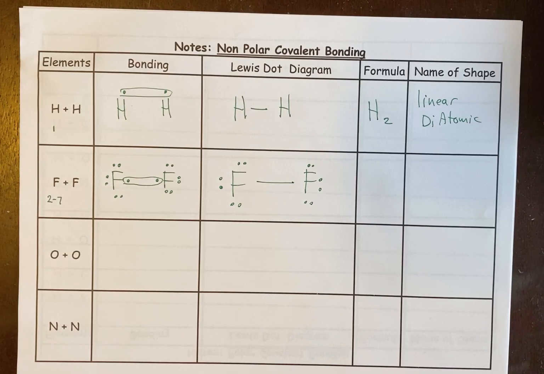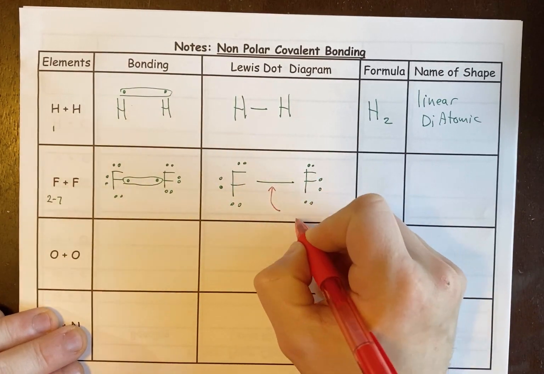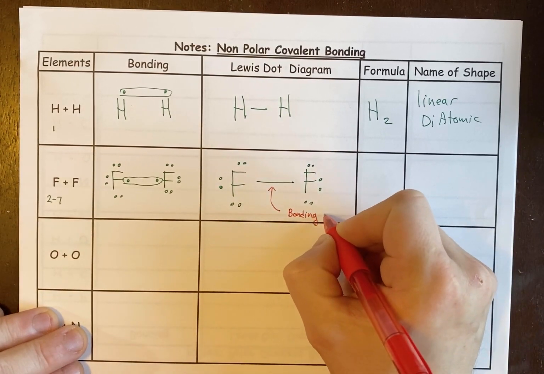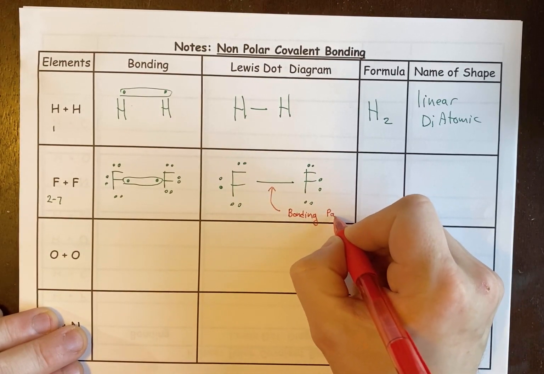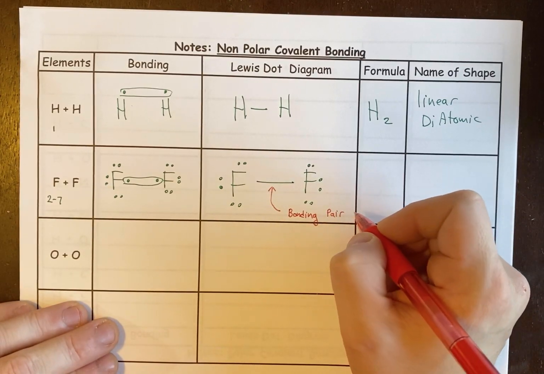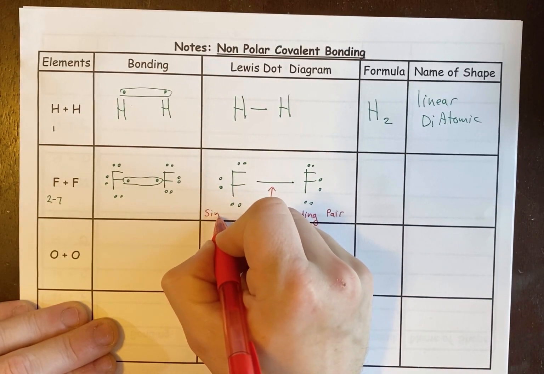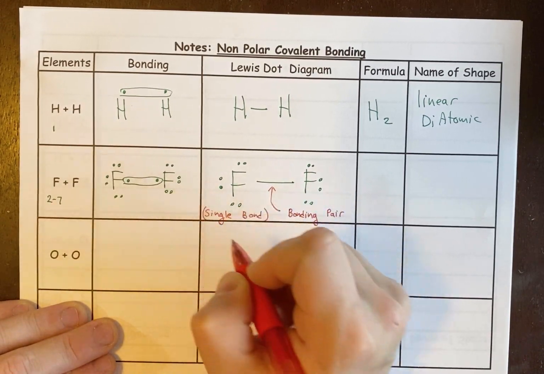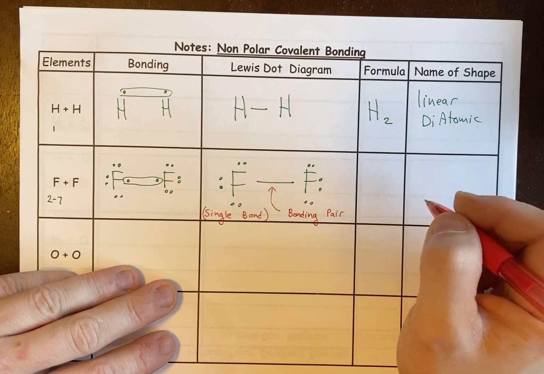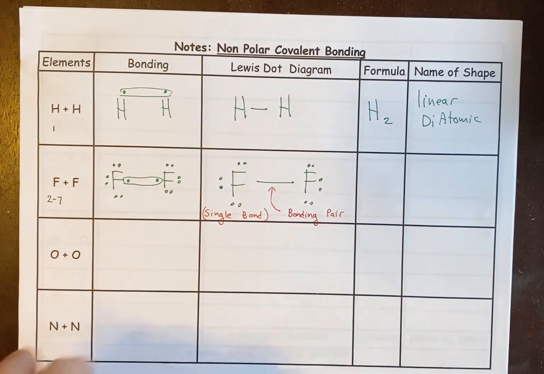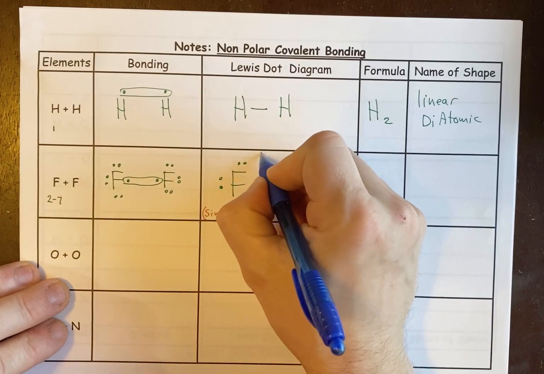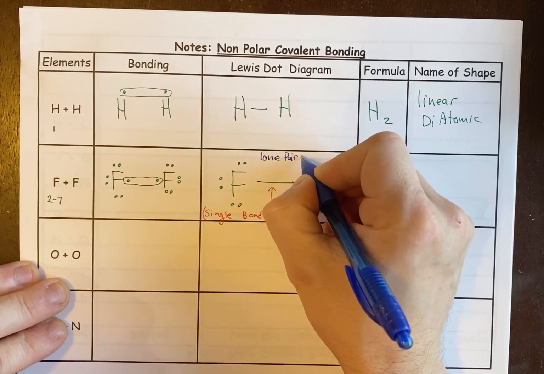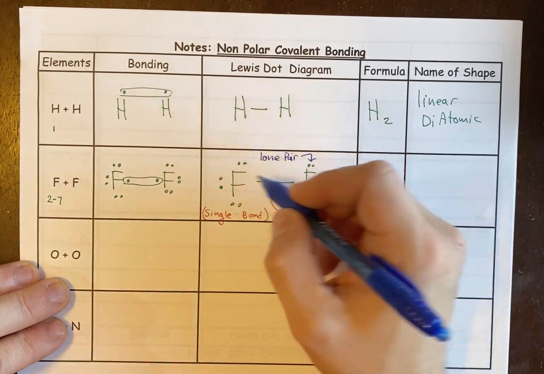And we have some special names we have to mention. The pair of electrons in the bond are called the bonding pair, or the bonding electrons. And this would be for a single bond. And then a pair of electrons that is not bonding is called a lone pair, and there's 3 lone pairs around each one.